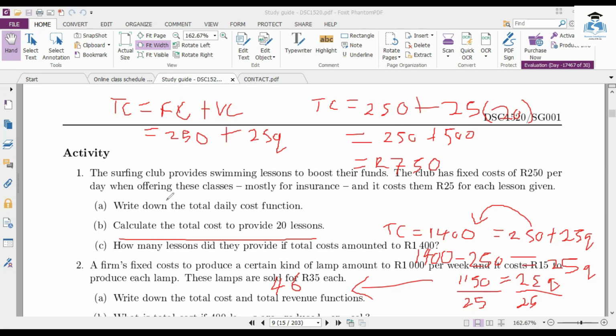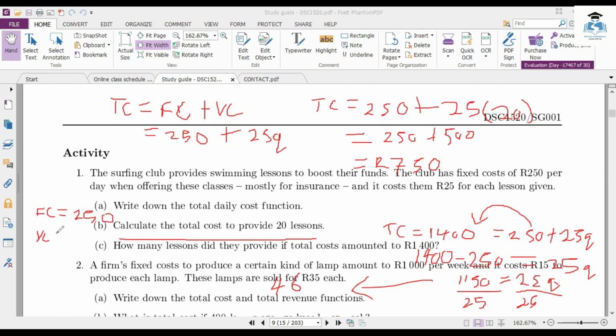Okay. So what I would advise you, before you have your formula like this one, is to write FC on a side, on an extra piece of paper. Since you are told, you write your 250 here, right?